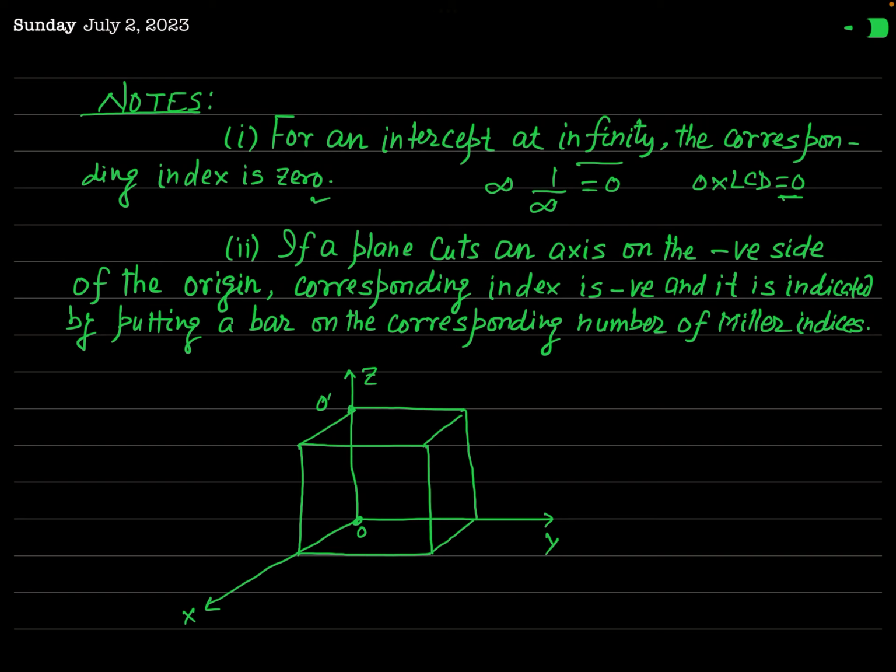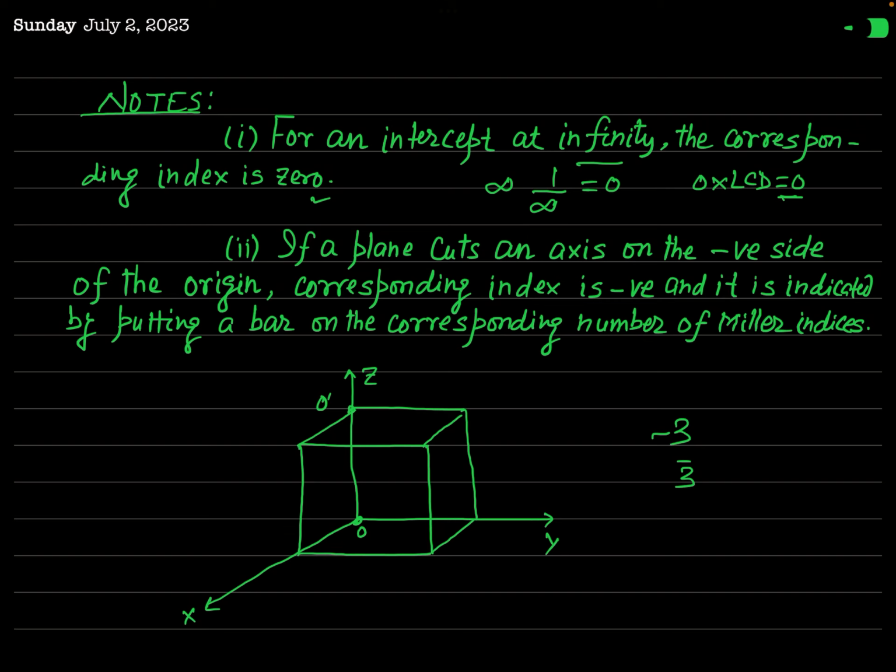So when the intercept is negative, the Miller index is written by putting a bar sign over that number. Let us say you get the Miller index -3, then we will not write -3, but we will write 3 with a bar over it.